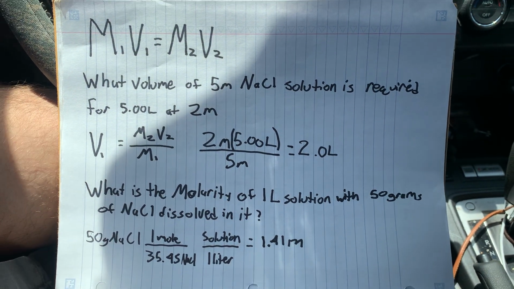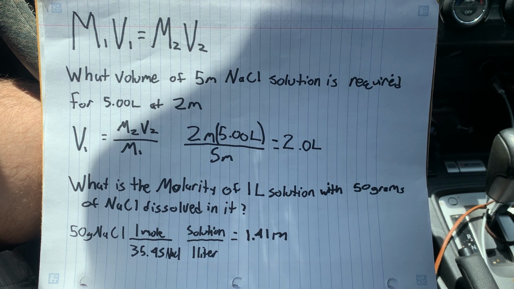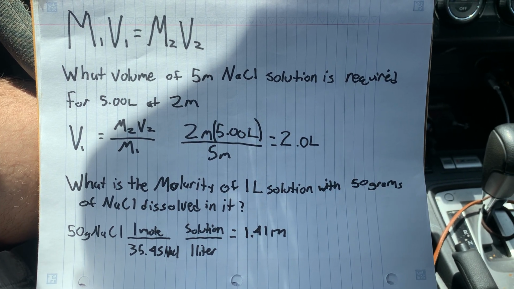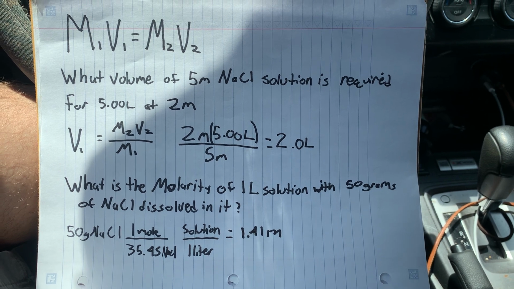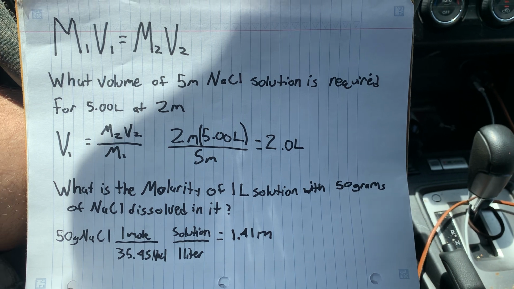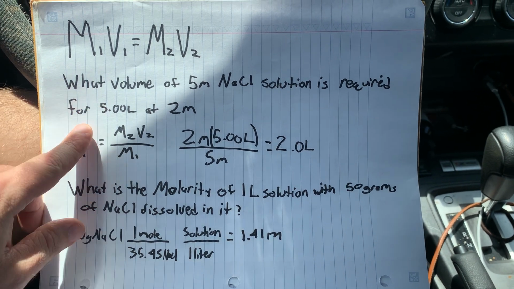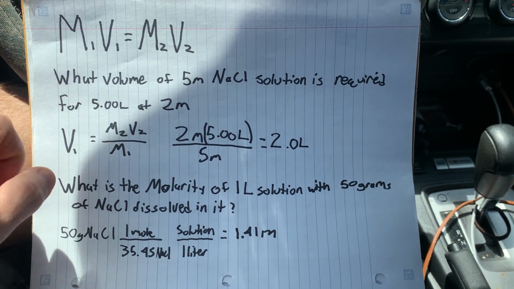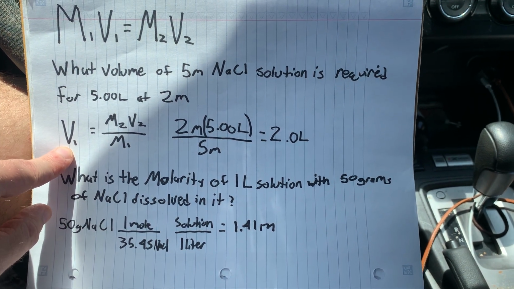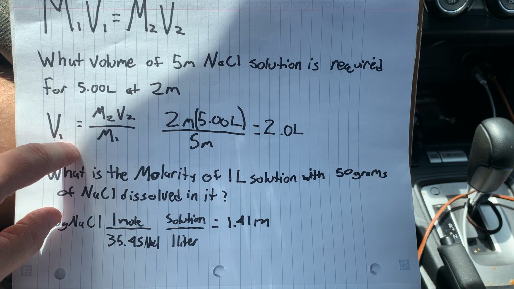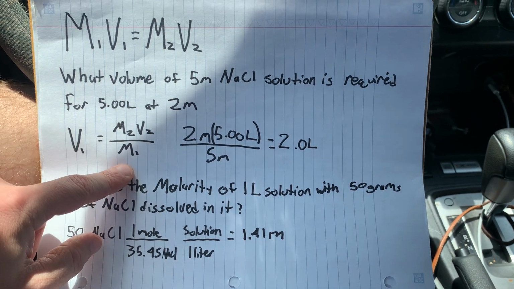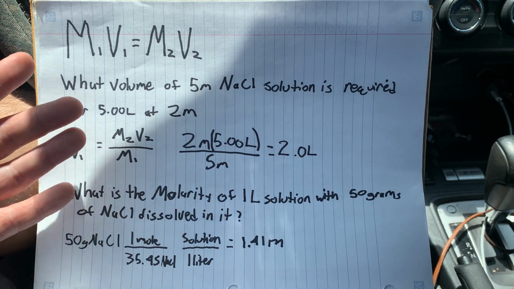Now, what volume of 5 molar salt solution is required for 5 liters at 2 molar concentration? So I'm looking for the initial volume, so I'm solving for V1, and I'm going to move M1 to the other side. So I got V1 equals M2 times V2 over M1, and then I just plug in again.